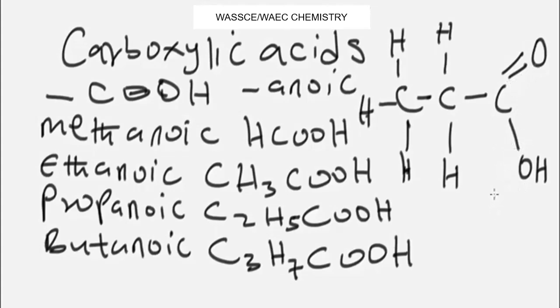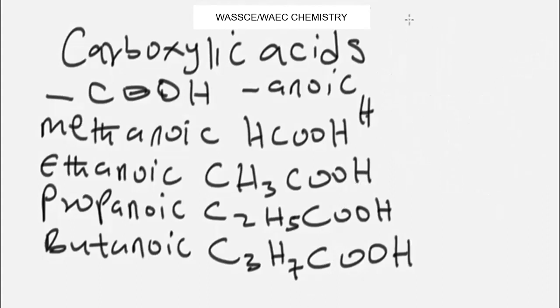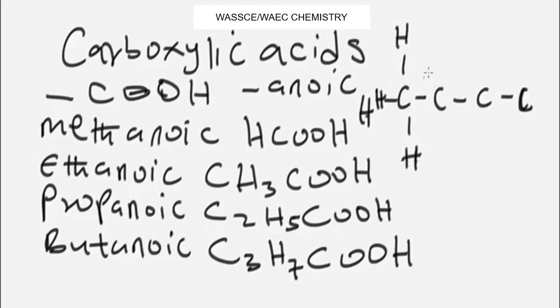Now, lastly, let's look at the structure of butanoic acid. Let's wipe this one. The structure of butanoic acid will look like this. It has four carbon atoms.